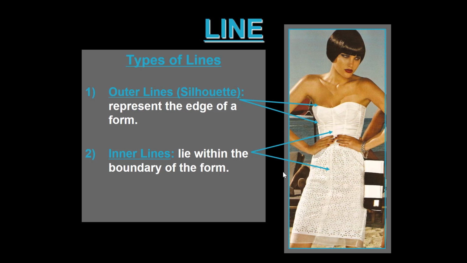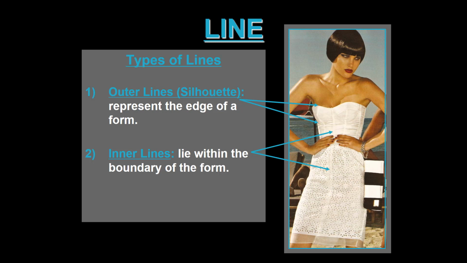So to further break down line, we can have inner lines and outer lines. So an outer line is going to be more directly aligned with a silhouette of a garment. So the outer edge of a form.